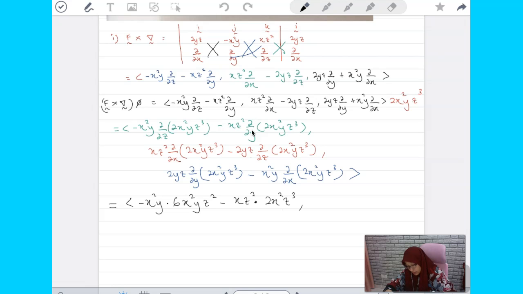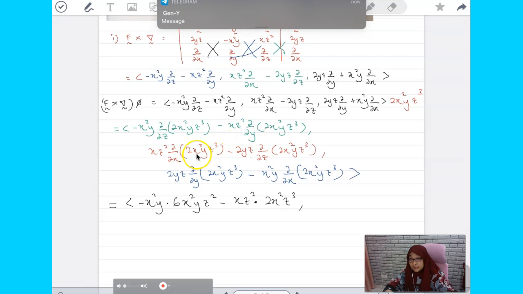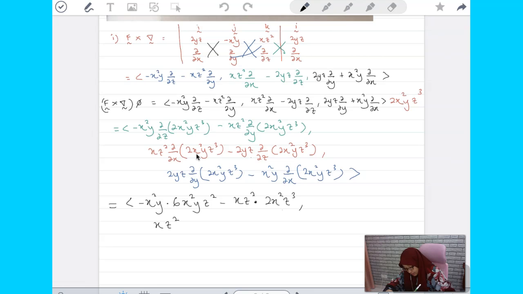Okay, now look at the second one here. We have xz squared 4x y z cubed minus 2yz 6x squared y z squared.